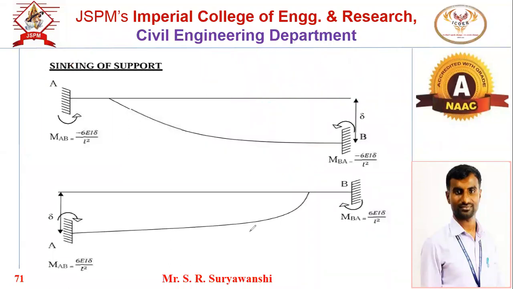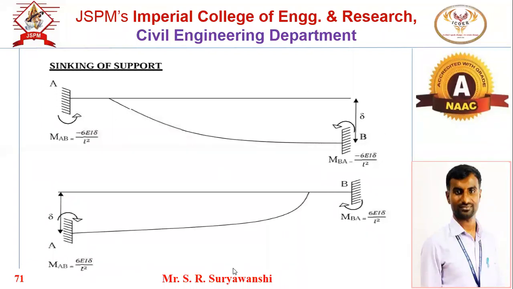Whereas step number 2, 3 and 4 have no change. So the change will be there only in step number 1, where we add or subtract the additional fixed end moment developed due to the support settlement. And for that, these are the 2 cases we have to remember, the sign convention and the magnitude also.